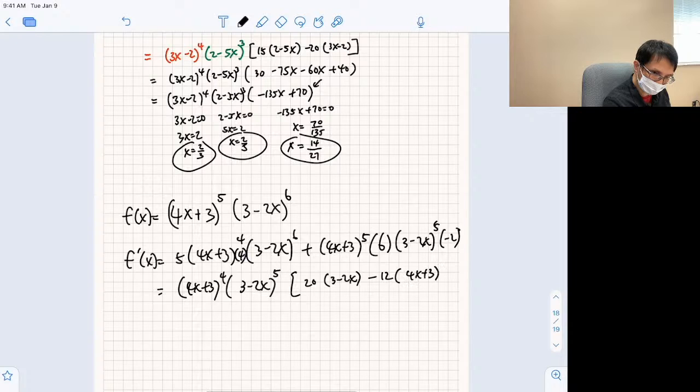So it's equal to (4x plus 3) to the 4th times (3 minus 2x) to the 5th. And this one's going to be 20 minus 40x minus 36.